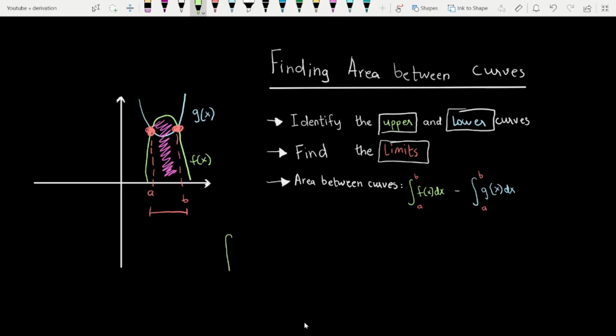Well, we just sum the area of tiny, tiny rectangles. And what's the area of tiny, tiny rectangles? Well, it's this thing right over here. And from where to where? From A to B. And then we are subtracting this area right here under the blue curve.